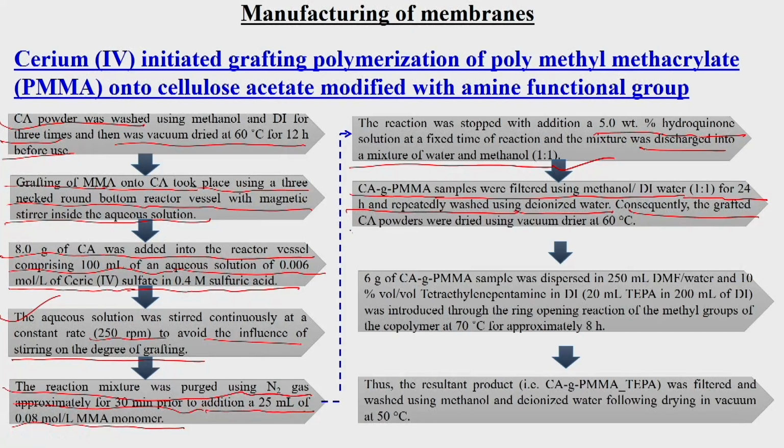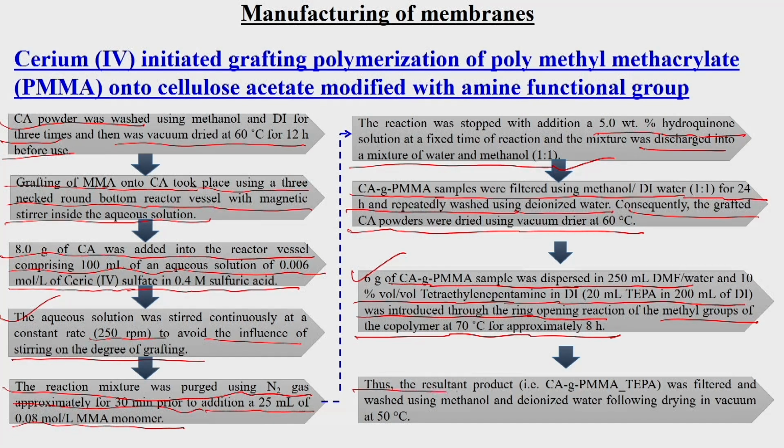Consequently, the grafted cellulose acetate powders are dried using a vacuum dryer at 60 degrees Celsius. Then 6 gram of the cellulose acetate grafted PMMA sample is dispersed in 250 ml DMF water and 10 volume percent TEPA in deionized water, which is introduced through the ring opening reaction of the methyl group of the copolymer at 70 degrees Celsius for approximately 8 hours.